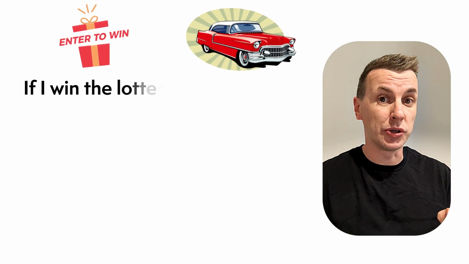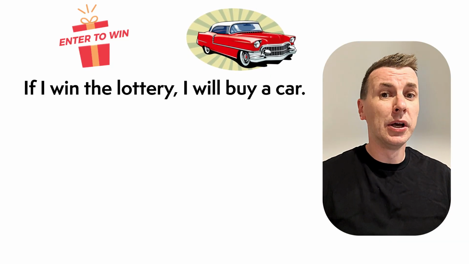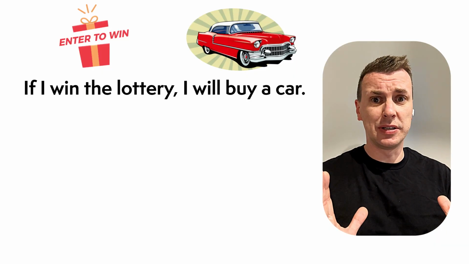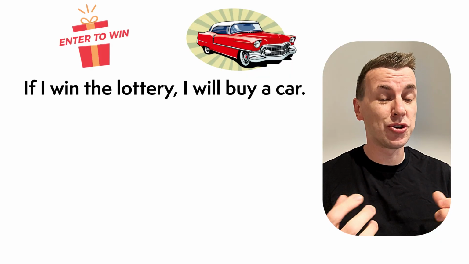The best way to understand conditional three is to compare it to conditional one and conditional two. So let's use this one example that we used in both videos before. Conditional one goes like this. If I win the lottery, I will buy a car. This is a very classical conditional one. For more details, refer to video number 1 about conditional one.